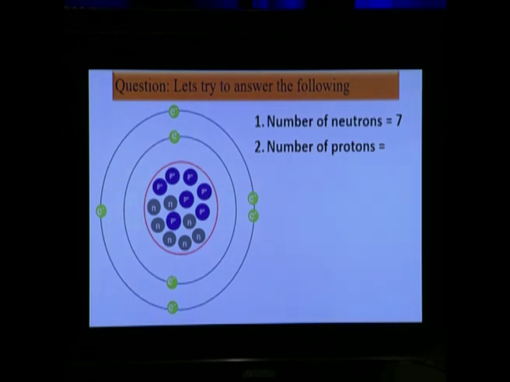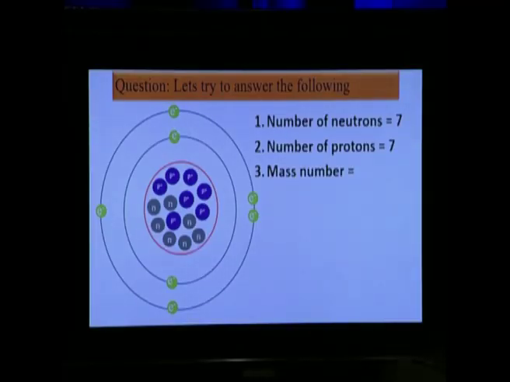Again, you can count how many P plus are present. 7. Next, you can look at the mass number. The mass number is the number of protons plus the number of neutrons. You got the answer correct? The answer is 14.